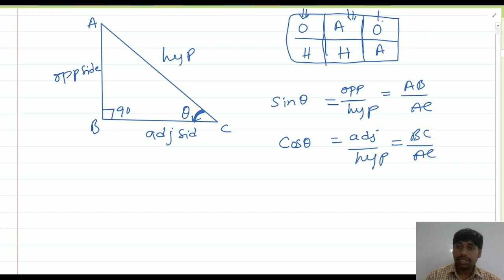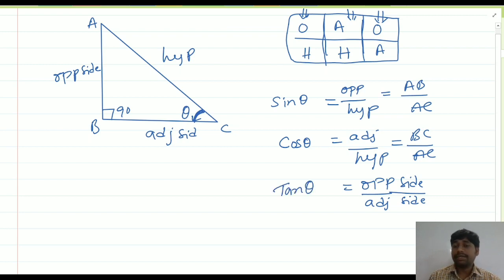Next, read from here: opposite by adjacent. These are the sides. Then opposite by adjacent is called the tangent of angle theta, in short tan theta, that is AB upon BC.